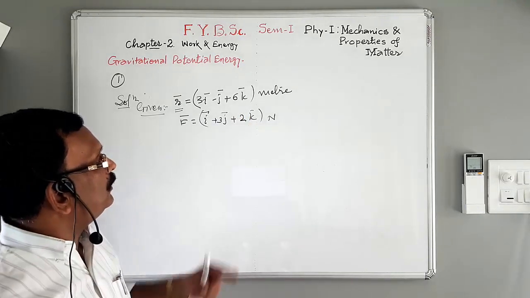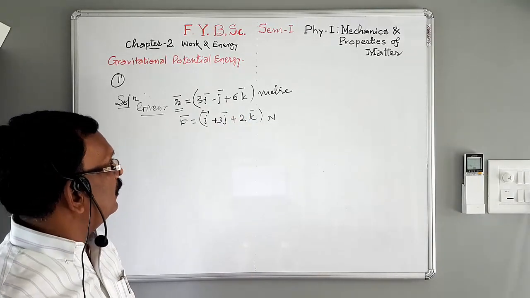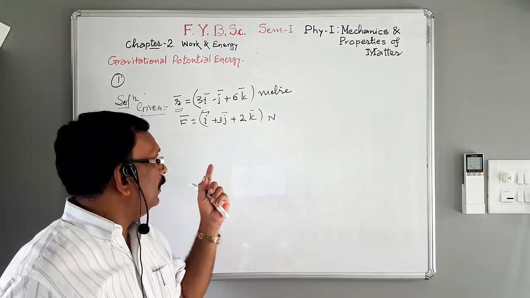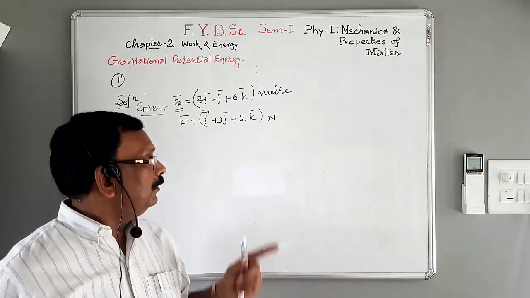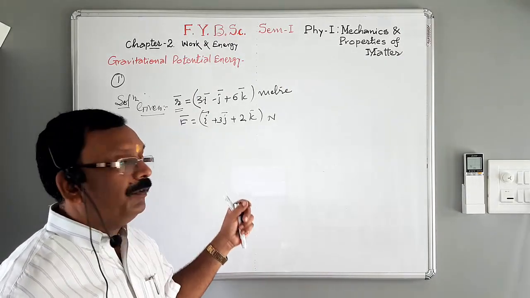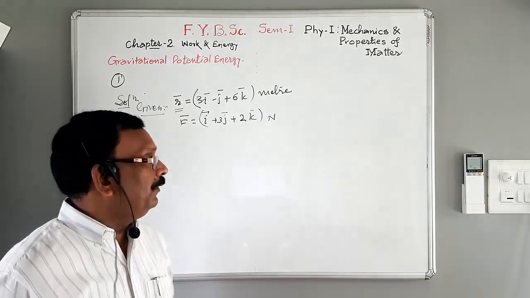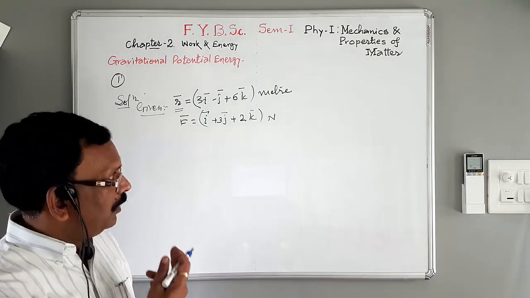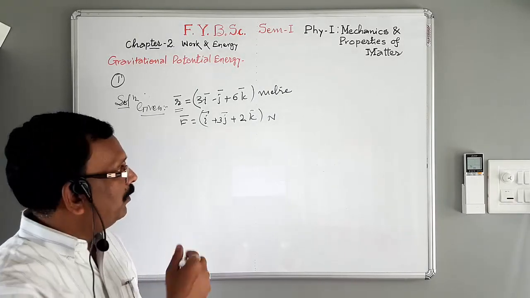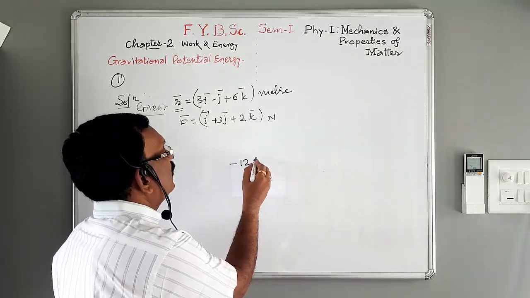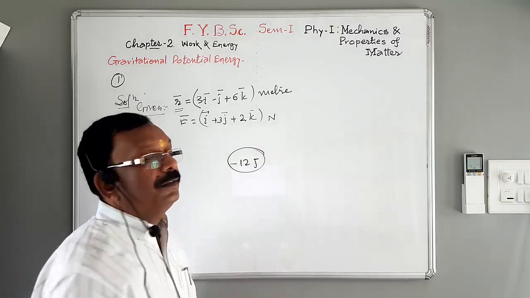I made only two small changes in the vector and force. When you solve this problem, you have to use the same method as I used here. When you solve this problem by the same method, the answer will be minus 12 J. Okay.